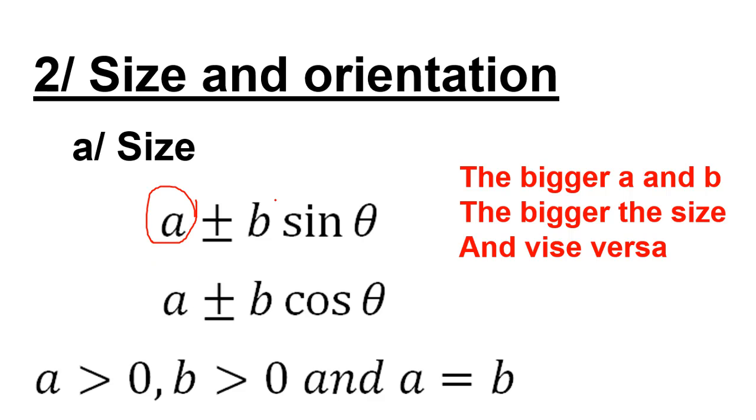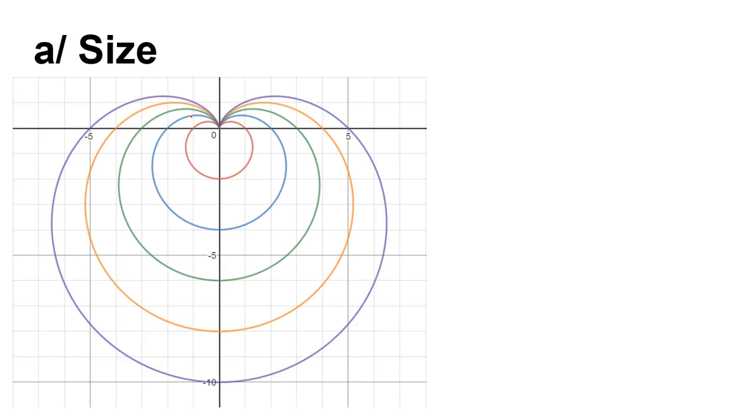If a and b are bigger, the size of the cardioid is bigger. We could see this: a or b equal 1, a or b equal 2, a or b equal 3, a or b equal 4, and a or b equal 5. So you can see that the bigger a and b, the bigger the size.